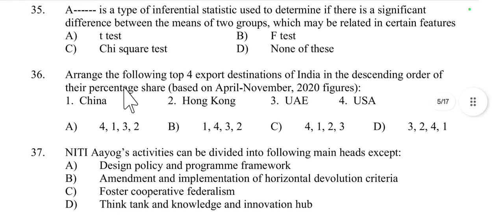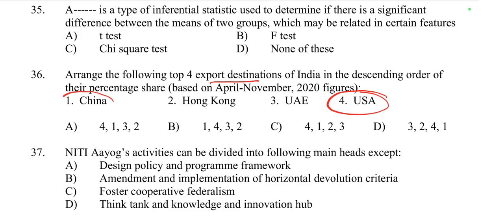Then question number 36. Arrange the following top 4 export destinations of India in descending order of their percentage share based on April to November 2020 figures: China, Hong Kong, UAE and USA. The top export destination of India is USA. We export more goods to USA.